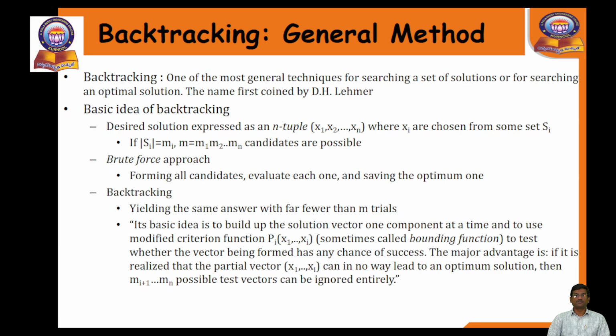The major advantage of using backtracking is that if it is realized that the partial vector x1, x2, x3, and so on can in no way lead to the optimum solution, then the mi+1 and so on till mn possible test vectors can be ignored entirely. So rather than finding all the solutions which may not lead to the optimal solution, such cases can be discarded.